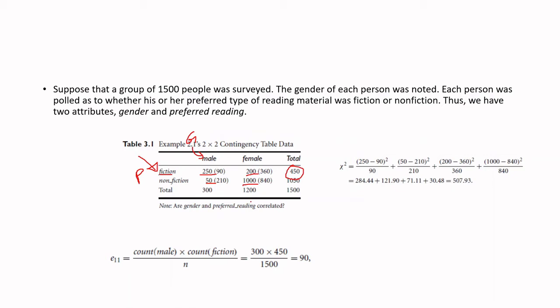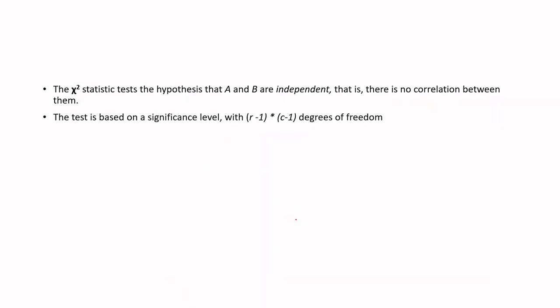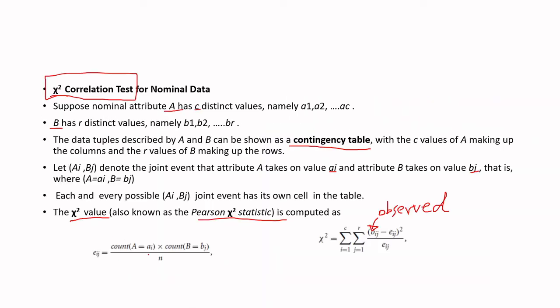How many females are there? You get 1200. Okay, so how you calculate the expected value for fiction and female is 1200 into 450 divided by n, the number of elements in your data set. So count of A having a value of Ai into count of B having a value Bj divided by n. That is the expected value.